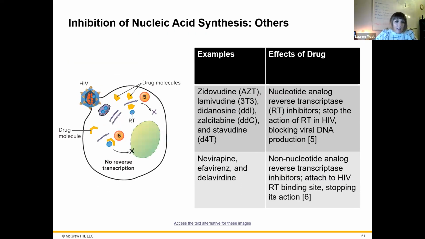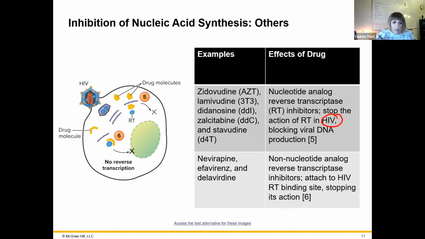All right, we have our nucleic acid synthesis inhibitors that are for other viruses, of course, HIV, some more. So HIV is unique because it involves reverse transcriptase. It takes RNA and turns it into DNA and then inserts it into our own genome, right? So we can stop that because it's something that isn't found in our cells normally. So we can block that and then hopefully block HIV production.